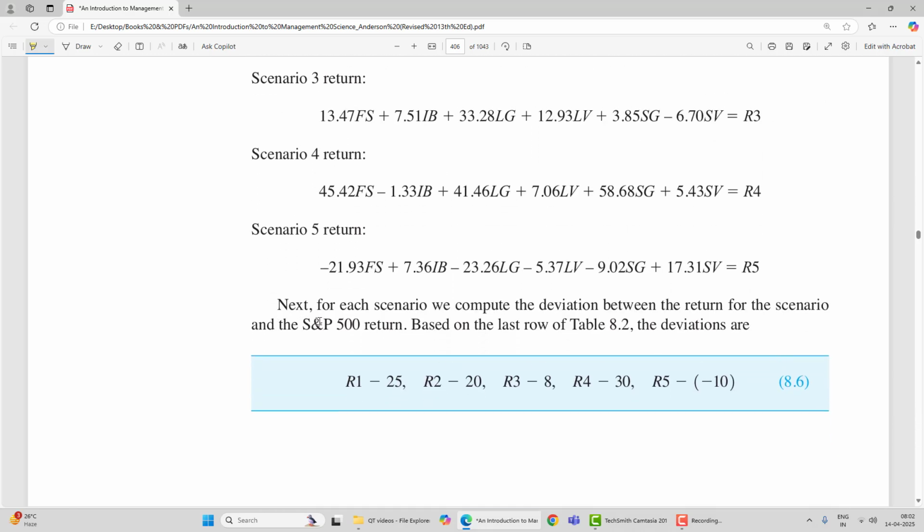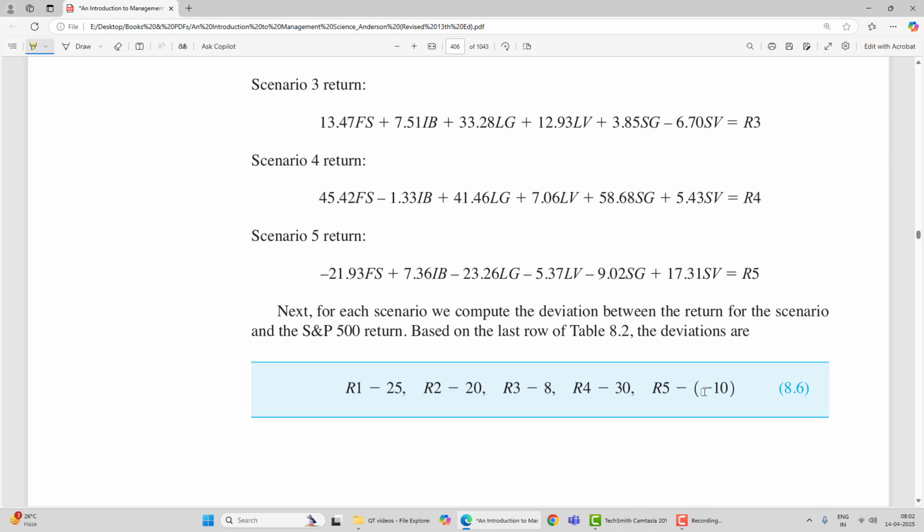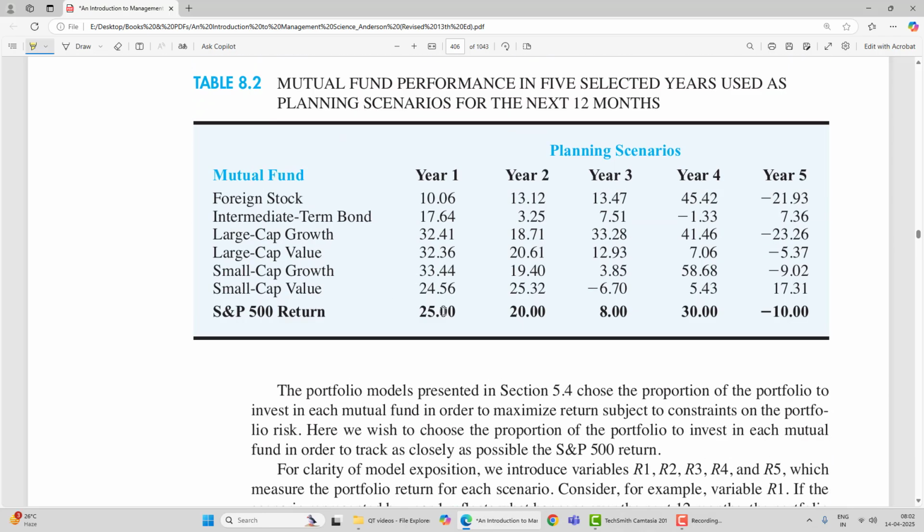So the difference between S&P 500 and our return is R1 minus 25, R2 minus 20, R3 minus 8, R4 minus 30, and R5 minus 10, because S&P's returns are given here and our returns are R1, R2, R3, R4, R5.